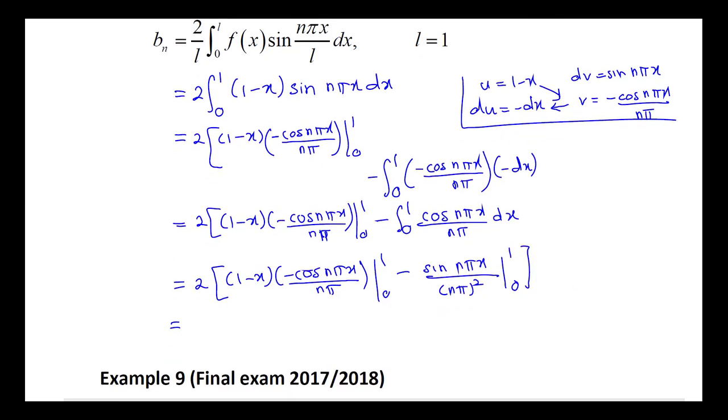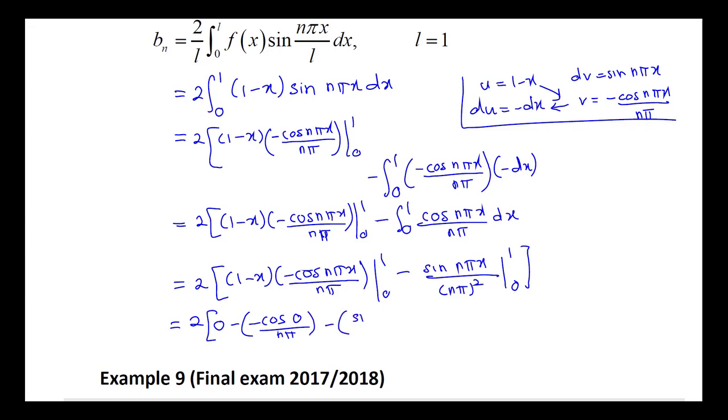Equal to 2, 1 minus 1 is 0, and then minus negative cos 0 divided by n pi.